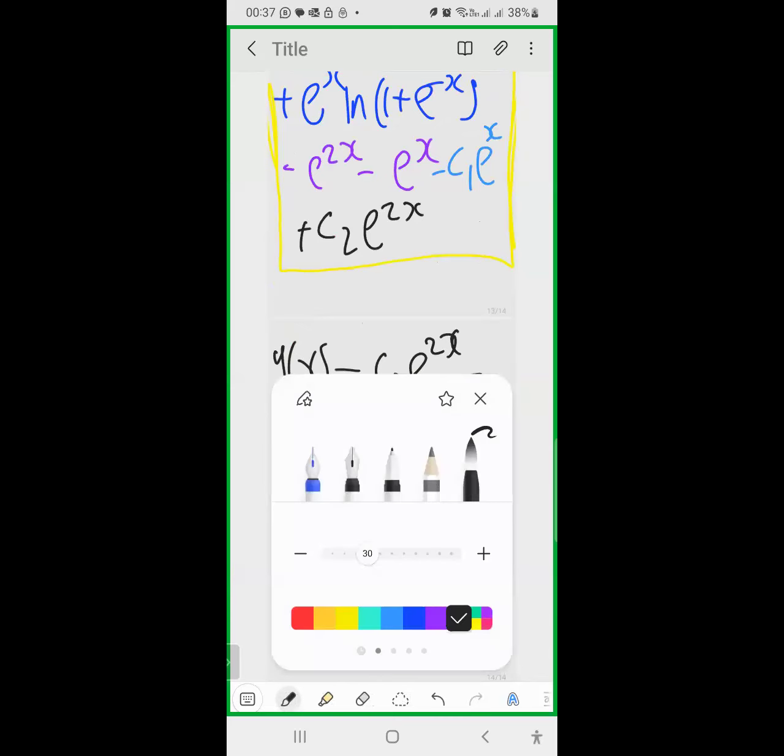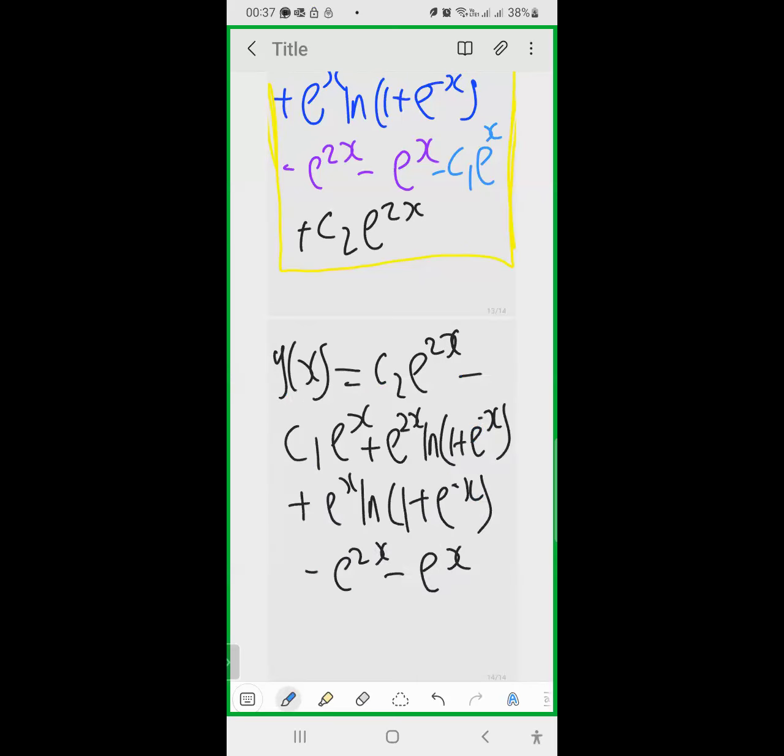So from this solution, we notice that this is the general solution, right? Using the reduction of order method.